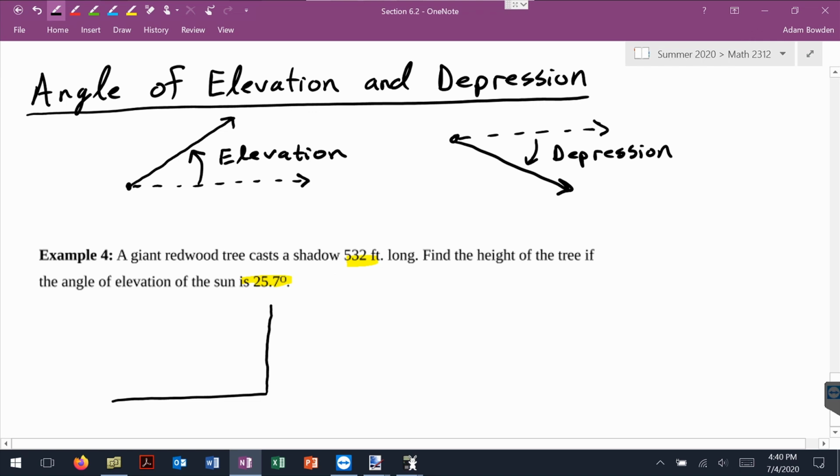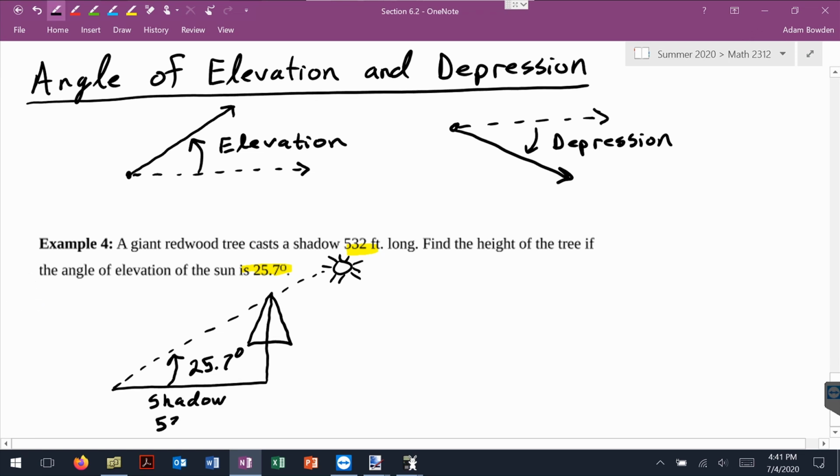And then we have a tree here. We're measuring at the end of the shadow the angle of elevation to the top of the tree. So the sun is up here, casting its shadow downward. And so the angle of elevation will be the angle from the flat ground upward, and that's the 25.7 degrees. And we know the length of the shadow along the ground is 532 feet long. We'd like to find the height of the tree.